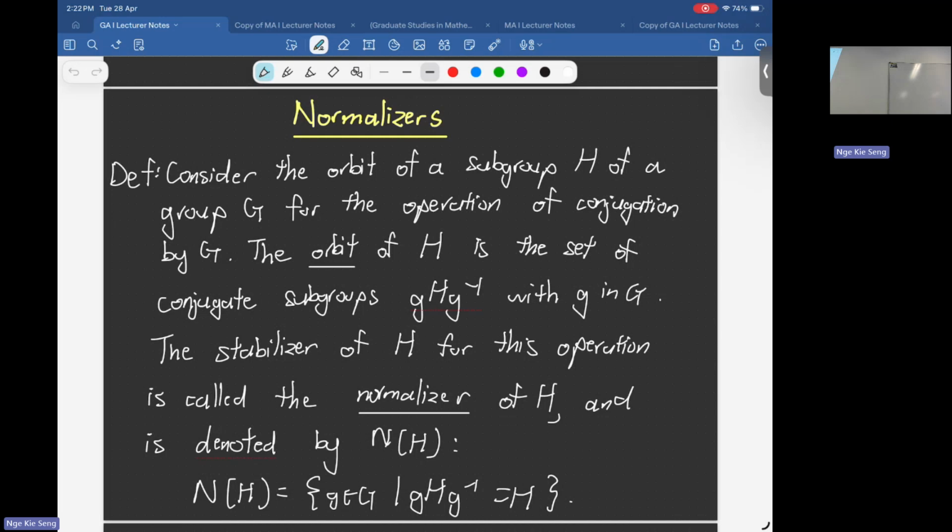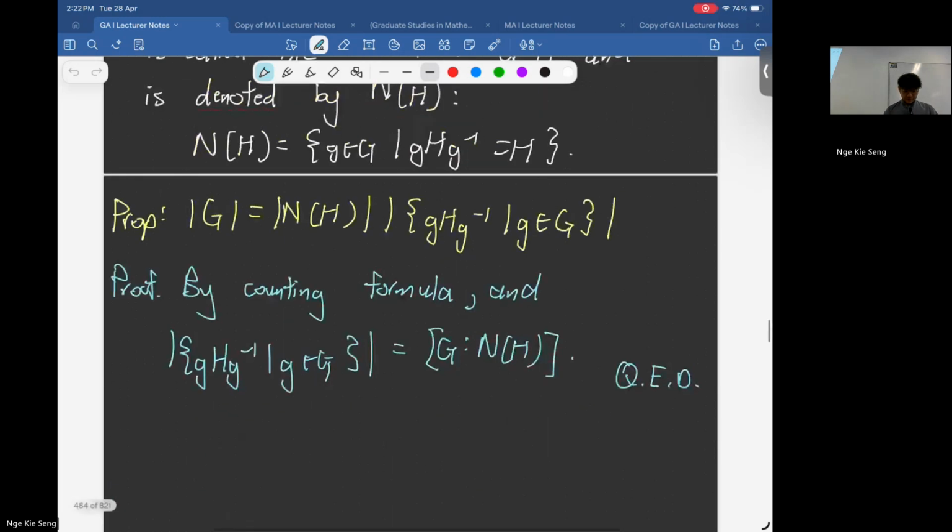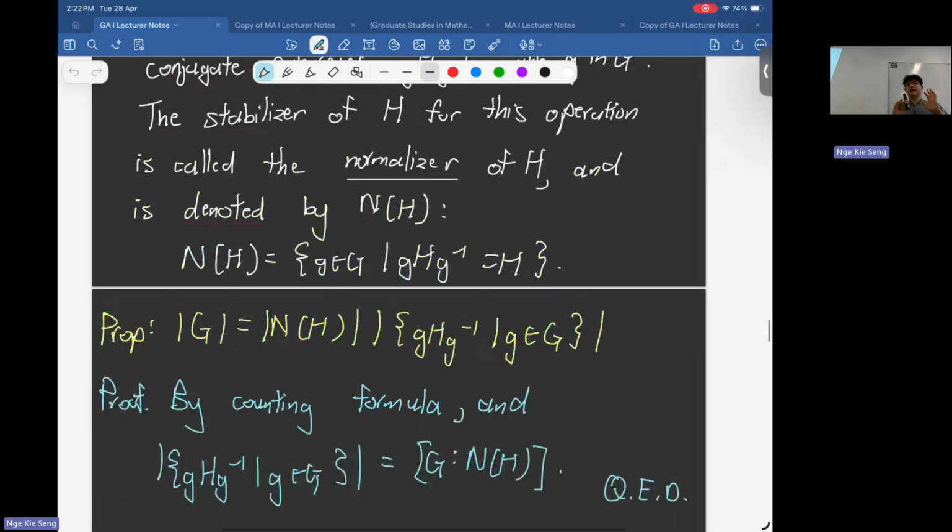When H is normal, the normalizer of H should be G, because the definition of a normal subgroup is that for every g, gHg inverse equals H. This is a bit like the concept of center and centralizer.